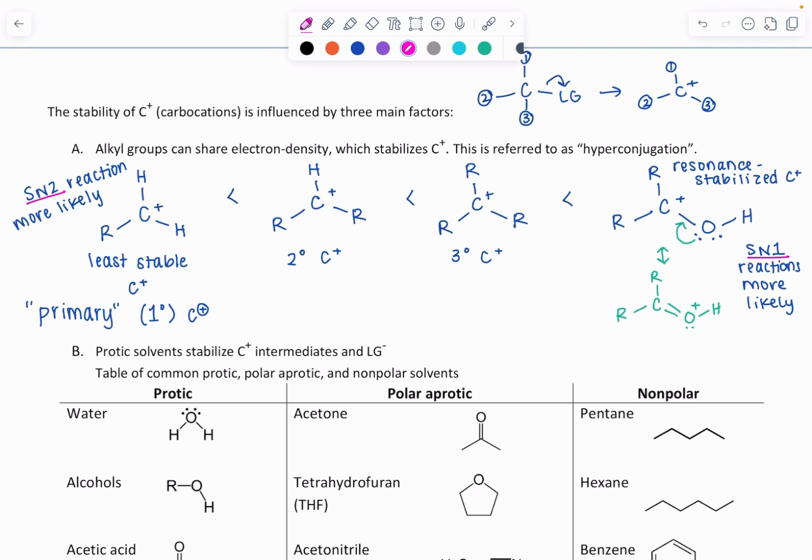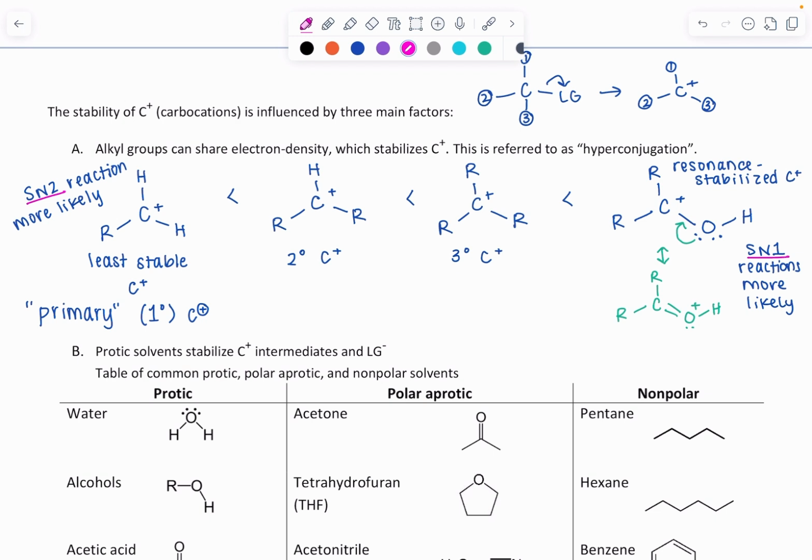And so those are more likely to not even form, because if you go through an SN2, you don't form a carbocation. The whole reaction happens in the same step. So you're never forming an open shell carbon. So if you are starting with a certain electrophile molecule and it would generate a primary carbocation, it will not generate a carbocation at all.